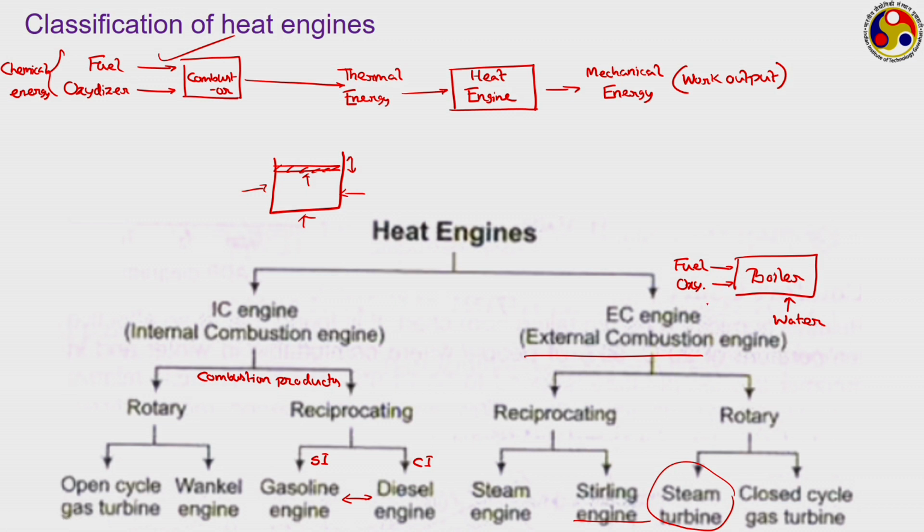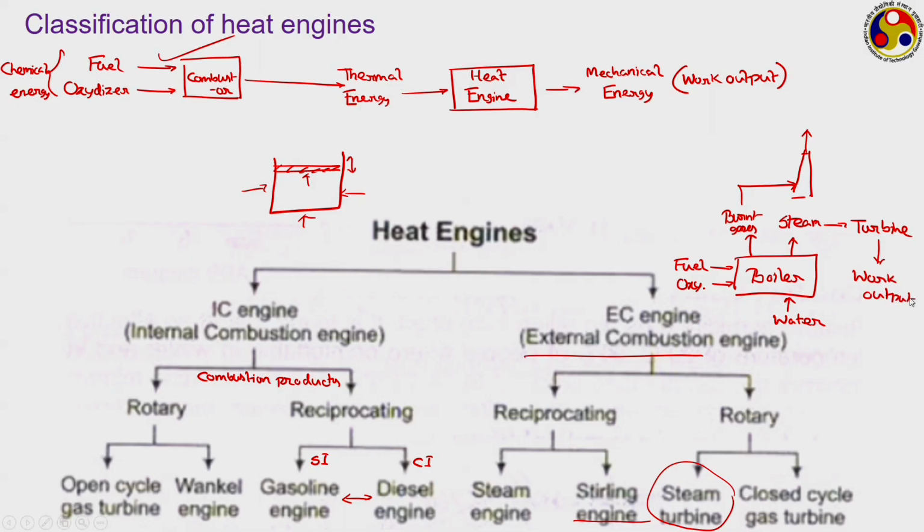Now, because of the combustion reactions, whatever thermal energy is released, that thermal energy is used to convert this water to steam, and the products of combustion also come out separately. These burned gases are subsequently taken to the chimney or stack of your plant, from where they go off, whereas this steam is taken to the turbine, where we have the work output.